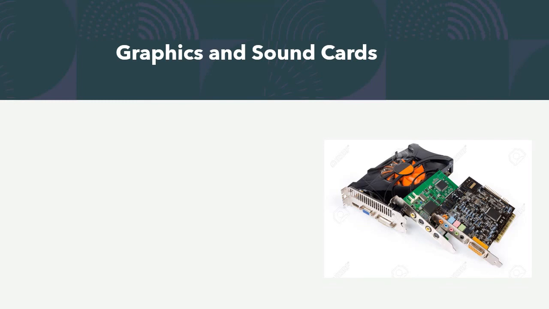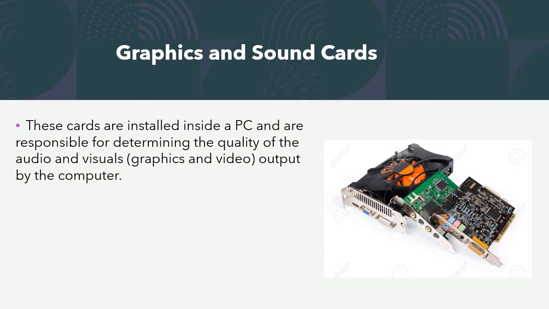Consider also graphics and sound cards, especially if the purpose for using your PCs is video editing. It is very important. These cards are installed inside a PC and are responsible for determining the quality of the audio and visuals output by the computer.